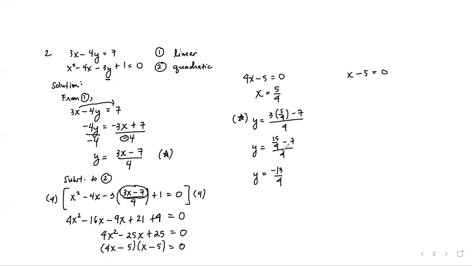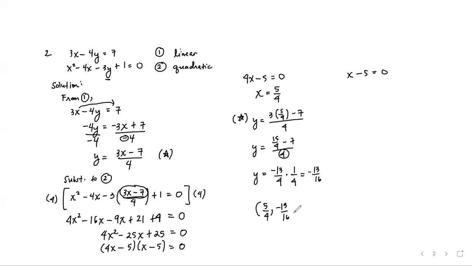And then since there's a division by 4 here, we multiply this by the reciprocal of 4, which is 1/4. So that gives us negative 13 over 16. So therefore, for this particular equation, the solution set would be the ordered pair x equals 5 over 4, comma negative 13 over 16.